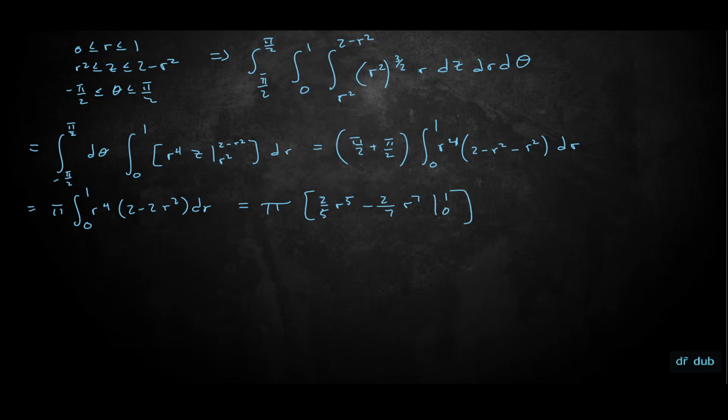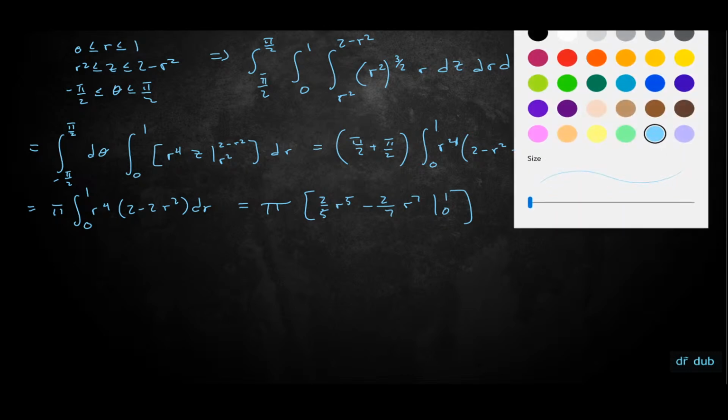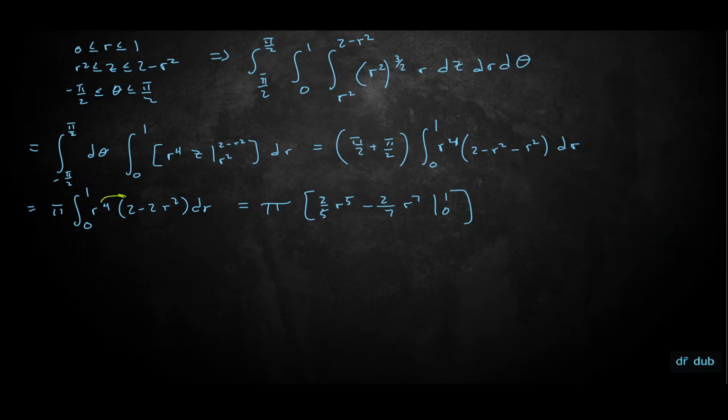Of course, I distributed the r to the 4 inside the integrand, and then integrated. So this is going to be pi times 2/5 minus 2/7.